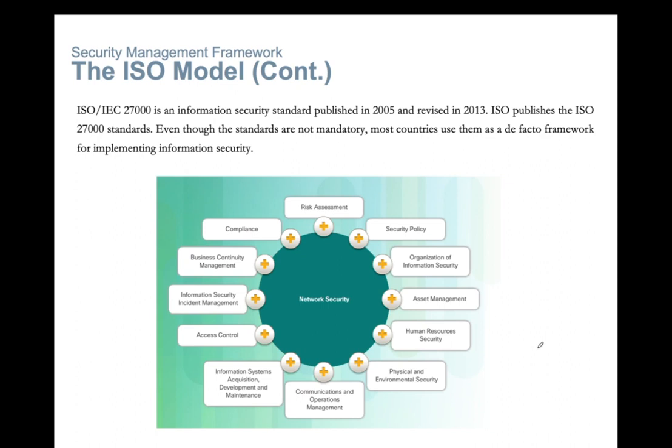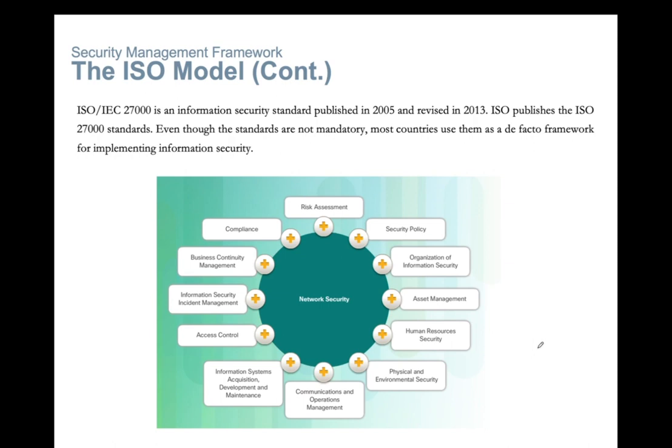The ISO 27000 standards describe the implementation of a comprehensive information security management system, which consists of all of the administrative, technical, and operational controls to keep information safe within an organization.